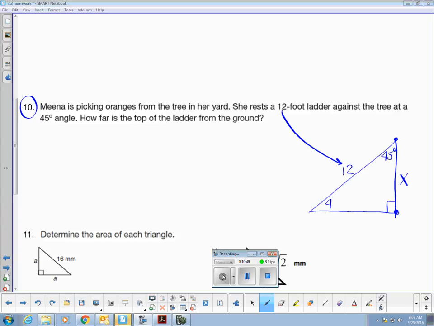So we're going to use our 45, 45, 90 relationships, and what we remember is the hypotenuse is radical 2 times the leg, and if I know the hypotenuse and I want to find the leg, then I divide by radical 2. So to go from the hypotenuse to the leg, I take the number 12 and divide that by radical 2.